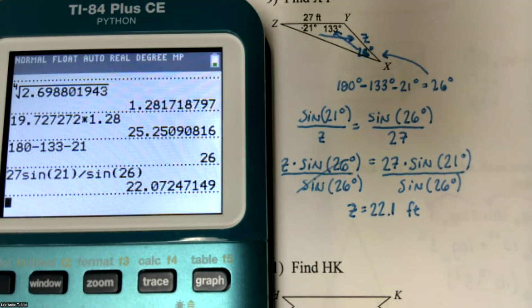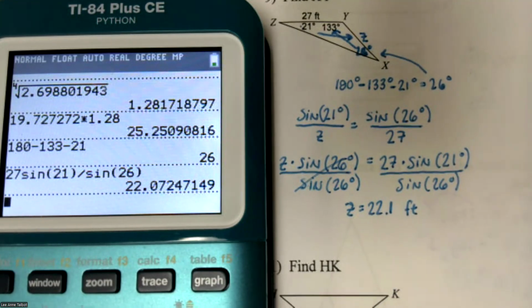Yeah, so you guys have to check these before you do them to make sure that they're in degree mode. Otherwise, you're going to get really weird answers. And the problem is sometimes you don't even realize that it's a weird answer, unless you're looking at the key. So just make a habit of making sure that it's in degree mode first.